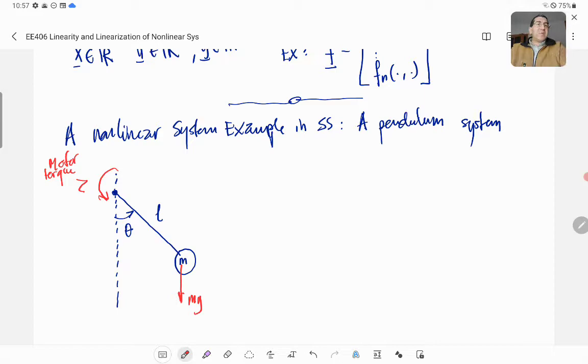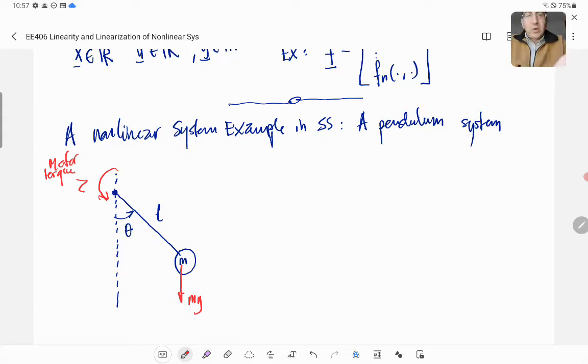For example, if it has an initial condition, even if the input torque is zero, but we leave it, it's going to oscillate. For the time being, this system does not have any damping. So if we have an initial energy in the system, it's going to always preserve its energy. So it's going to oscillate indefinitely.